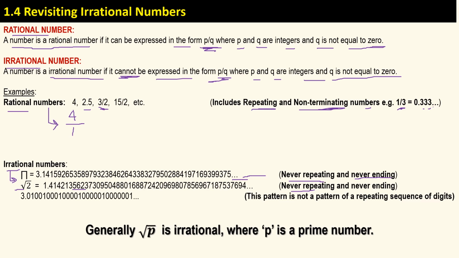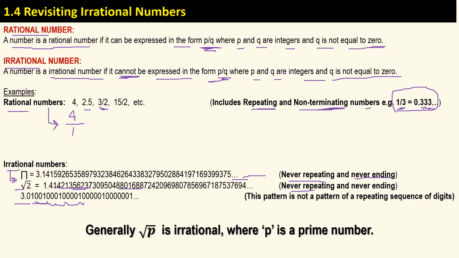If we were to go back to the rational number 1 by 3, which is 0.33333, here the digits are repeated, and you can say a pattern is repeated. But in case of pi or square root of 2, the pattern of digits is not repeated. Similarly, let's take another number, 3.01, then 001, then 0001, then 00001.